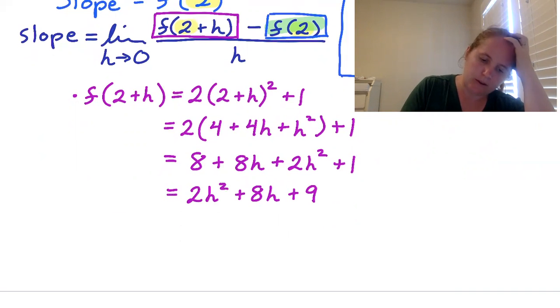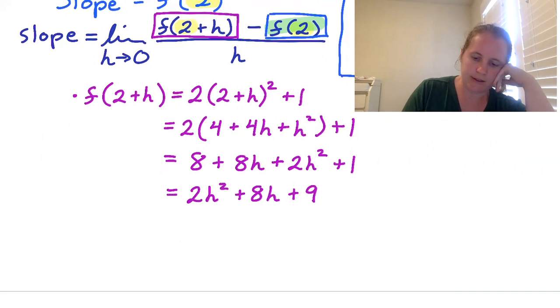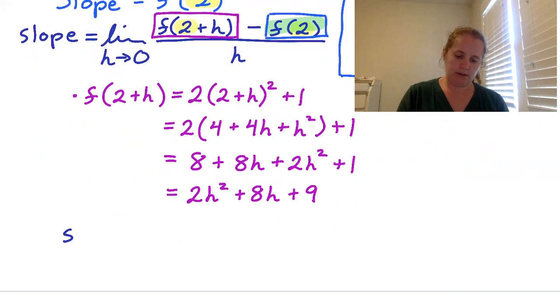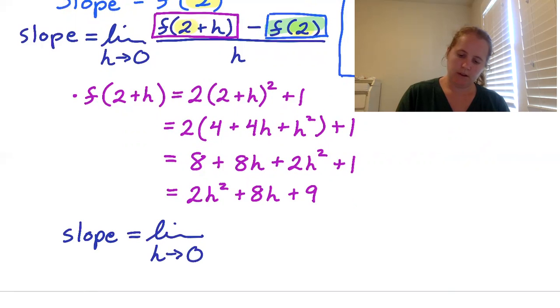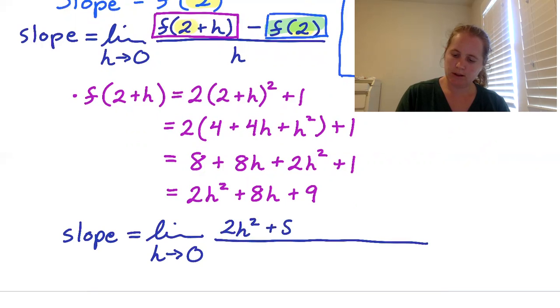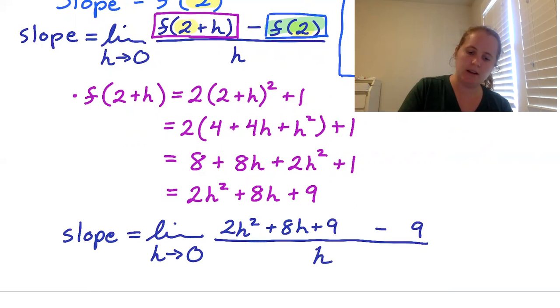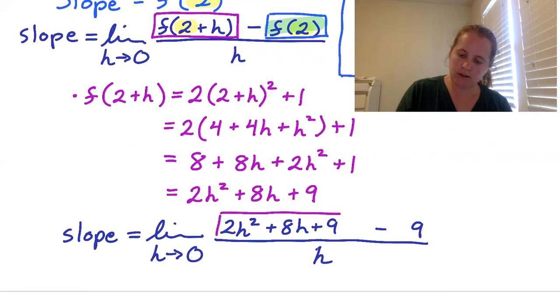At this point, we can go ahead and finish calculating our slope. So we know that our slope is equal to the limit as h goes to 0 of 2h squared plus 8h plus 9. Then we will subtract off 9 and divide by h. So once again, this 2h squared plus 8h plus 9 was our f of 2 plus h.